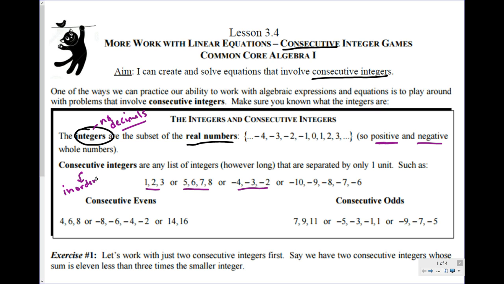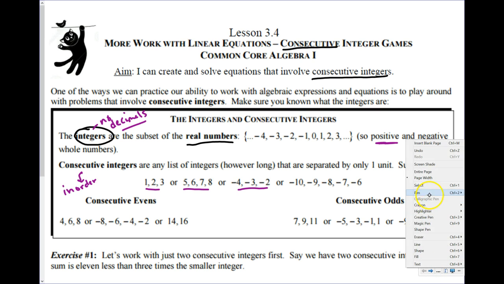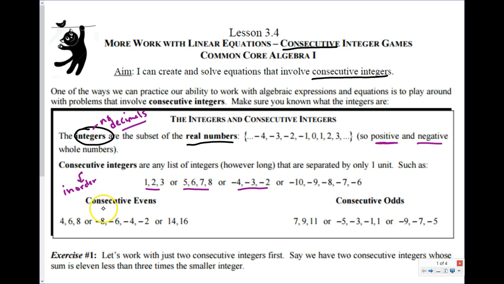So it's something that's in order. Okay? We have two different types of consecutives. We have consecutive evens and we have consecutive odds. Even numbers are like 4, 6, 8, 10, 12, and odds are like 3, 5, 7, 9, 11. Okay, so that's all the vocabulary in this lesson. Integers, consecutives, even, and odds.